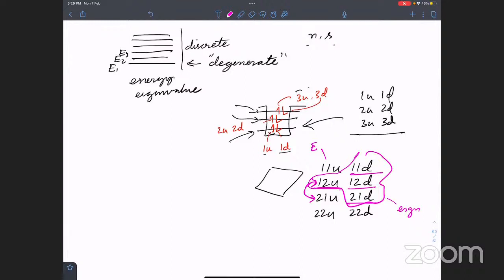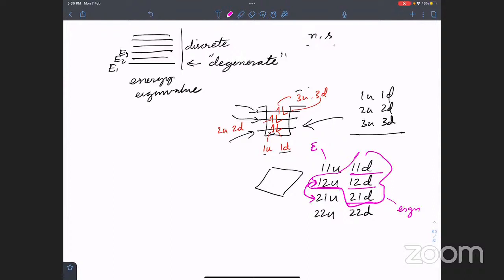That means I can say that the energy E1 has a degeneracy of 3. It just simply means that there are multiple states with the same energy. That's all it means. If n states have the same energy, that means it has a degeneracy of n.